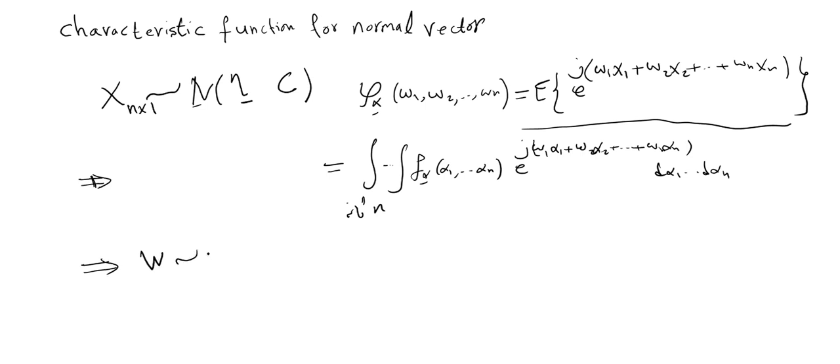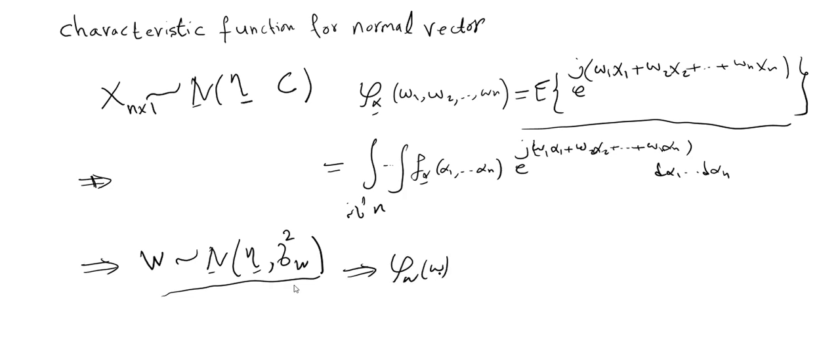Consider a normal variable W, which is a scalar random variable, distributed with a mean of eta W and sigma squared W. We can find the Fourier transform of the probability density function in one dimension.